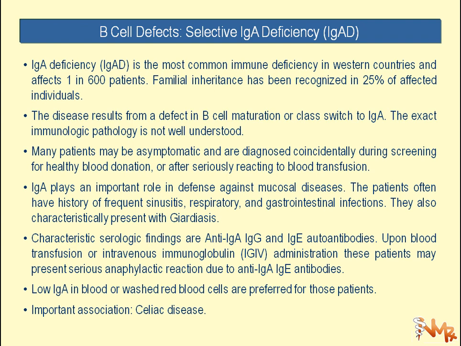And this is something that our patient had in that case scenario. Low IgA blood or washed red blood cells are preferred for these patients. So if these patients have to receive transfusion, you want to give them washed red blood cells. Very important association, and we have covered this in detail in pathology, is celiac disease.